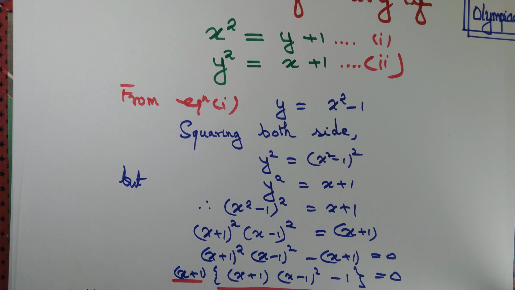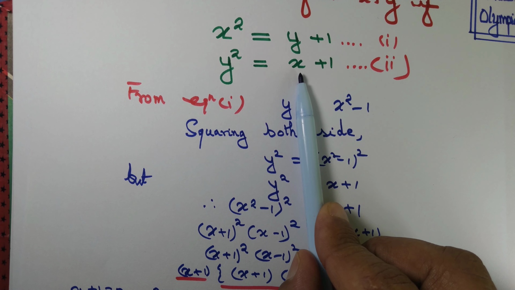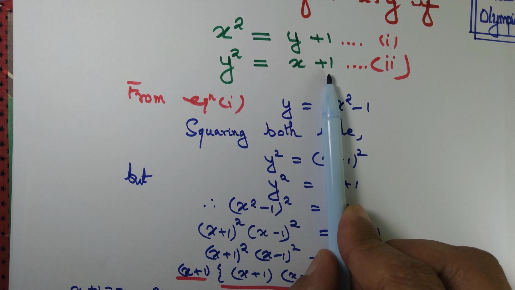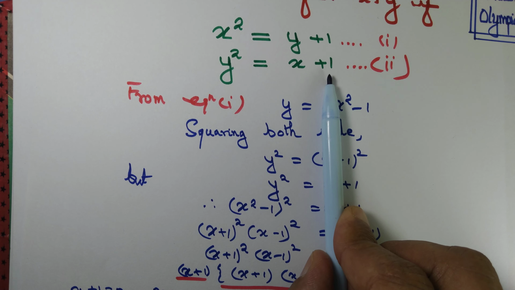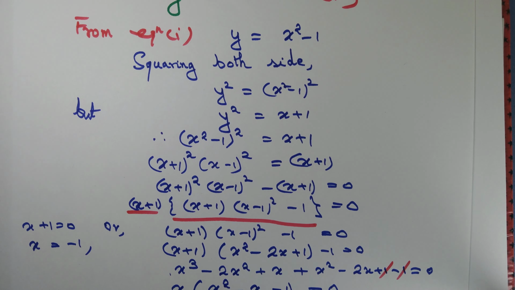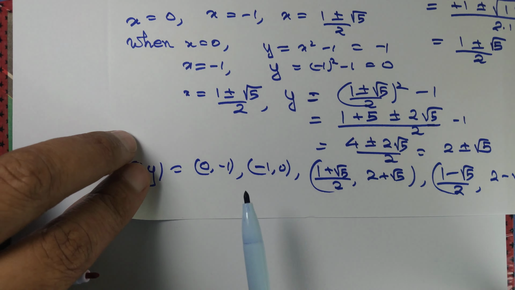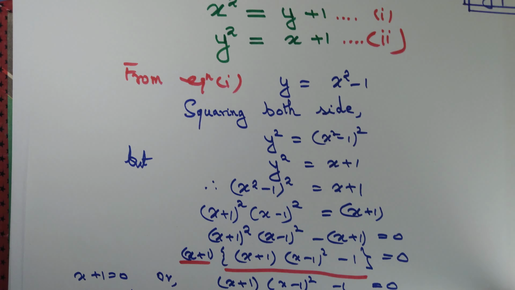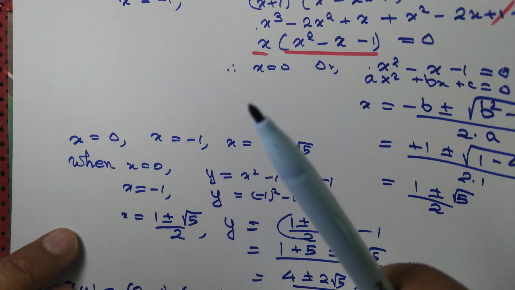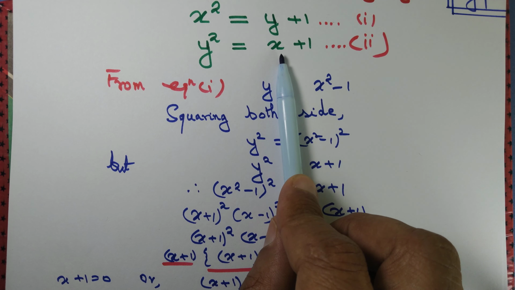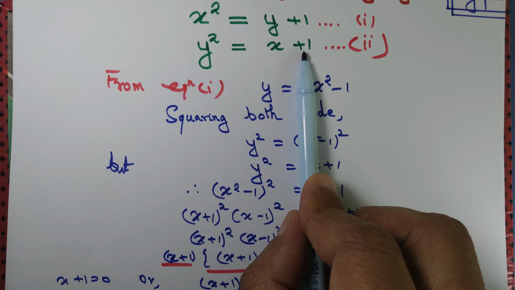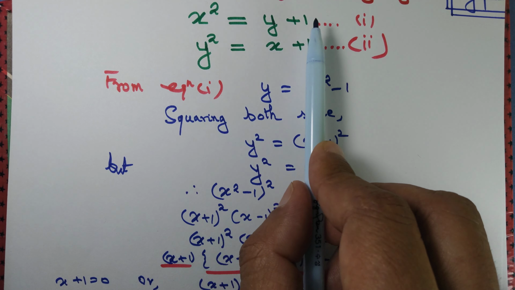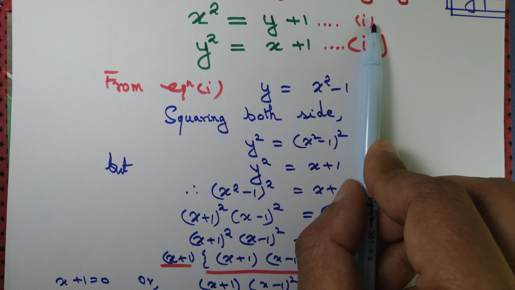One may speculate that for x = 0, we can write y² = 1, so y = ±1. Maybe you will say we should have two different answers, x = 0 with y = 1 as well. However, you observe that when x = 0 we obtain y = ±1, but if you put y = 1 in equation 1 for x = 0, it will not be satisfied.